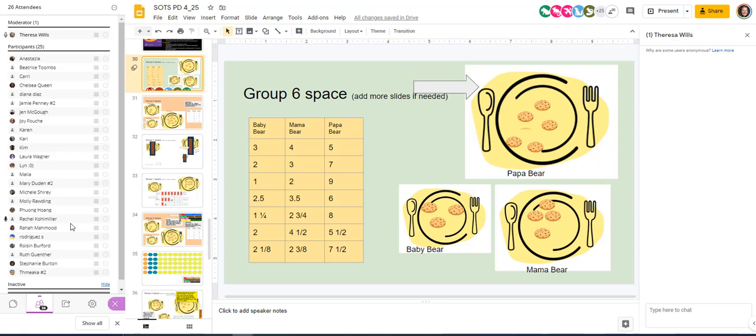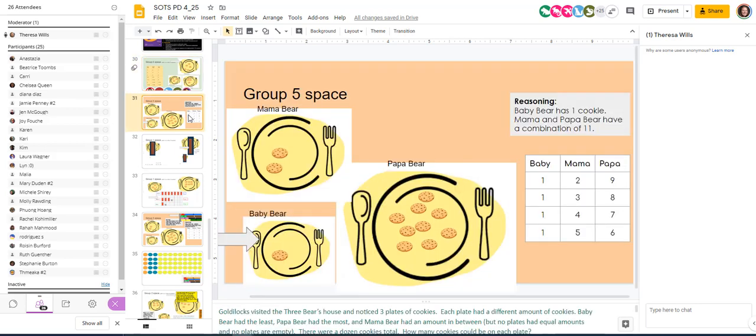I'm part of group 6, and I think we were thinking initially whole numbers and knowing that Baby Bear had to have the least amount. So just kind of almost like a guess and check. If we did 3, one more than that would be 4 for Mama Bear. So now that's 7, and then 5 left over for Papa Bear. So he has the most. So those numbers just kind of worked out nicely for you.